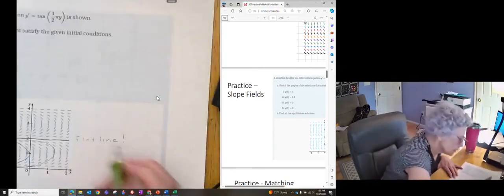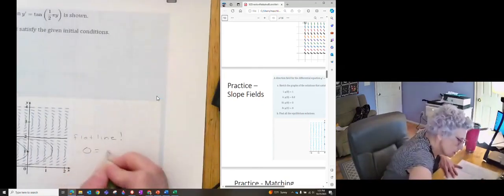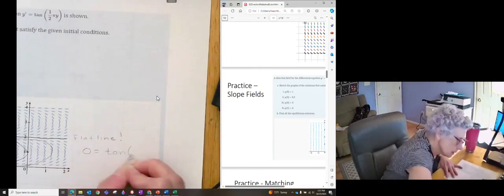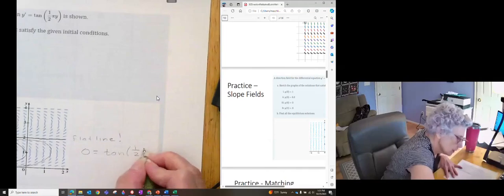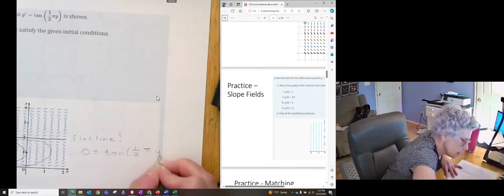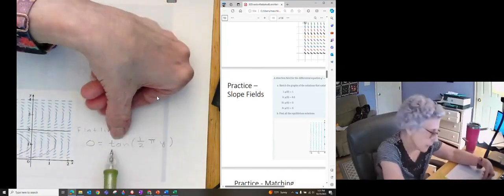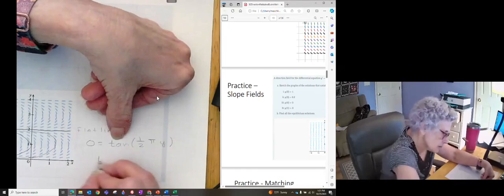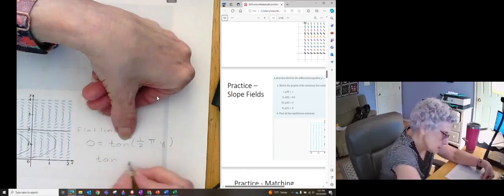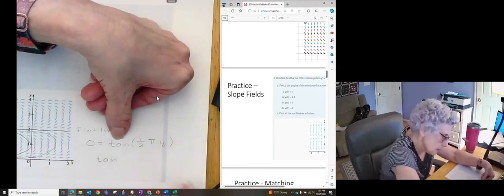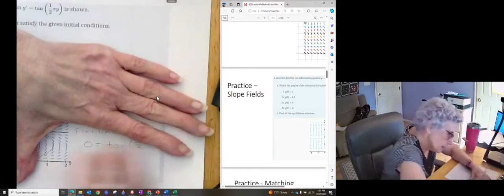That means the derivative is equal to 0. 0 is equal to tangent of 1/2 of pi times y. So that means tangent of pi over 2 times y is equal to 0.